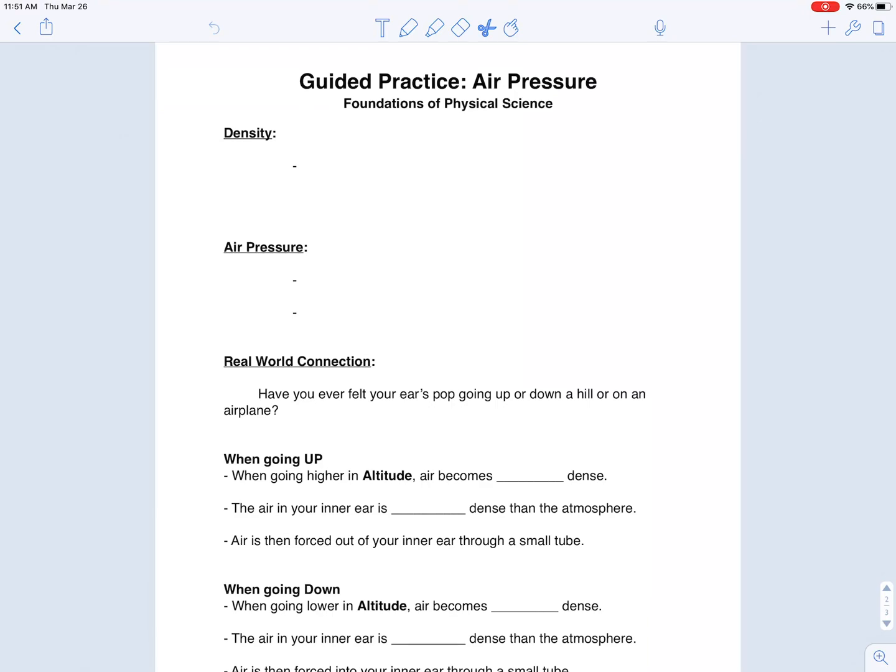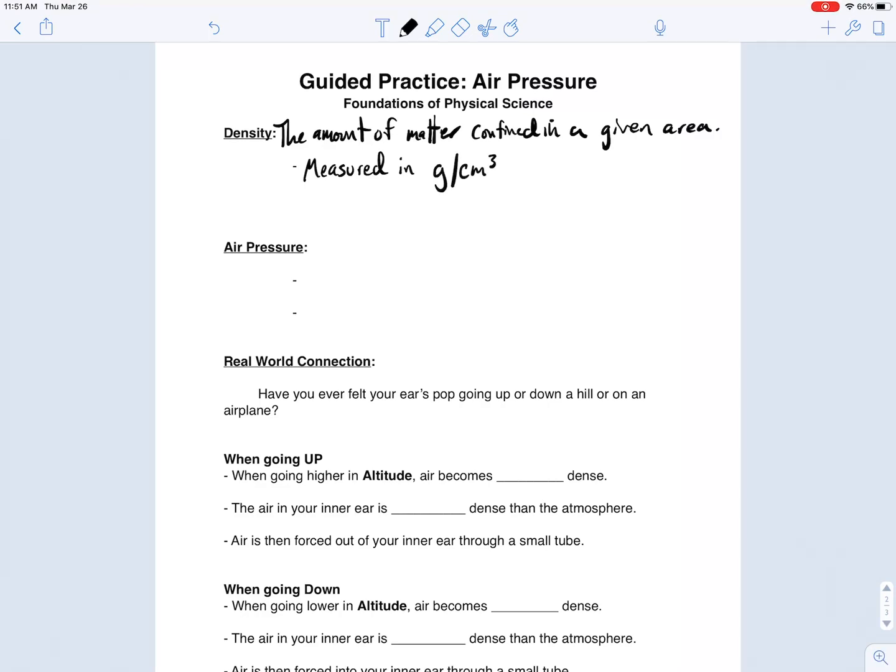Right off the bat, we've got some familiar vocab we've been talking about all year. We've got density. And density we're going to define as the amount of matter confined in a given area. And in this case, we've been talking about density using this unit here all year, measured in, you guessed it, grams per cubic centimeter.